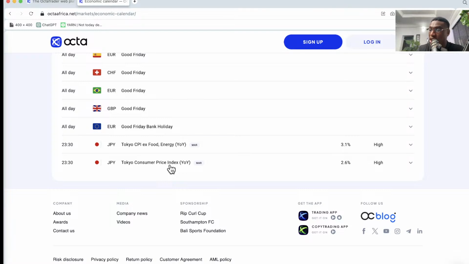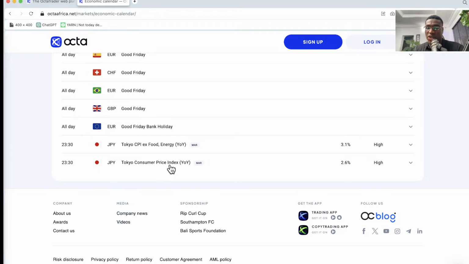And the Consumer Price Index is a measure of the average change over time in prices paid by consumers for goods and services. All right, they call it the measure of inflation, or the main indicator of inflation. It shows you how the cost of living is changing for consumers.